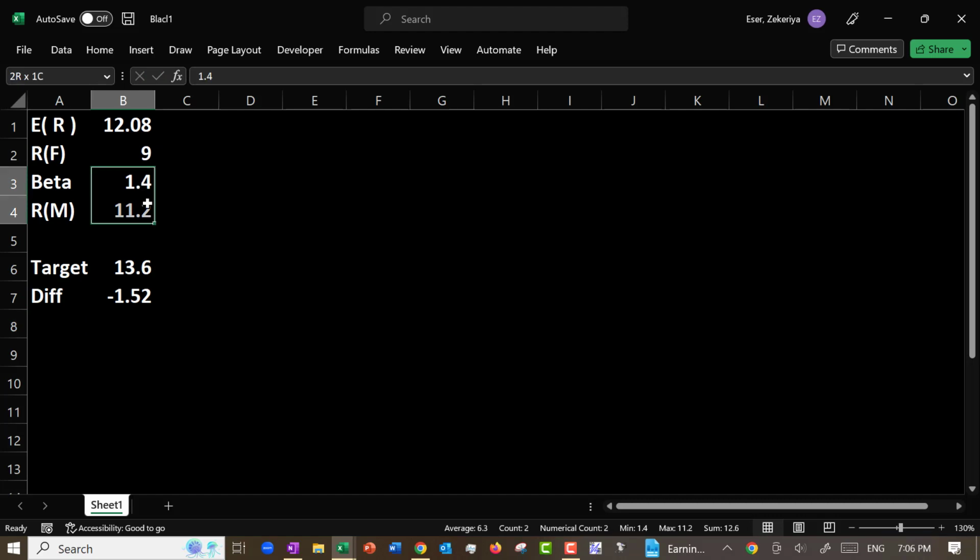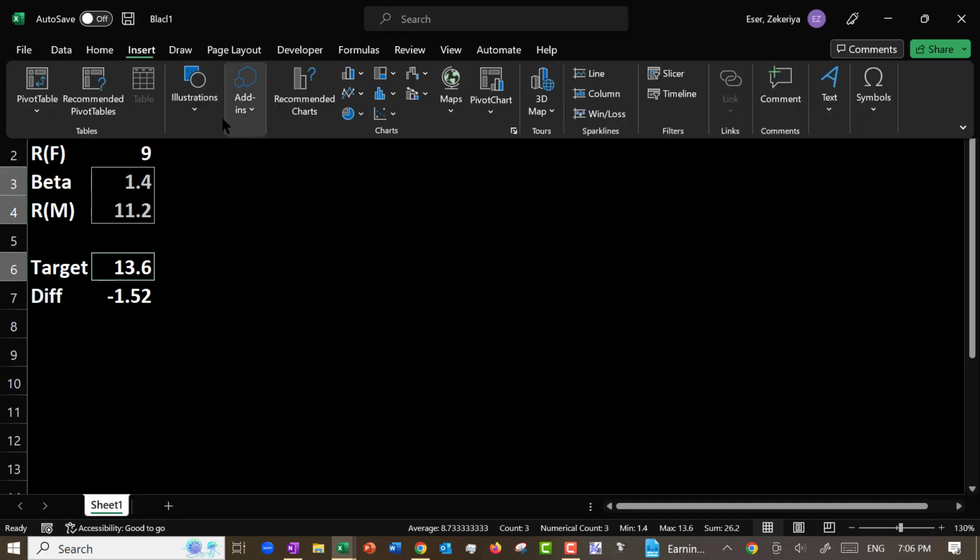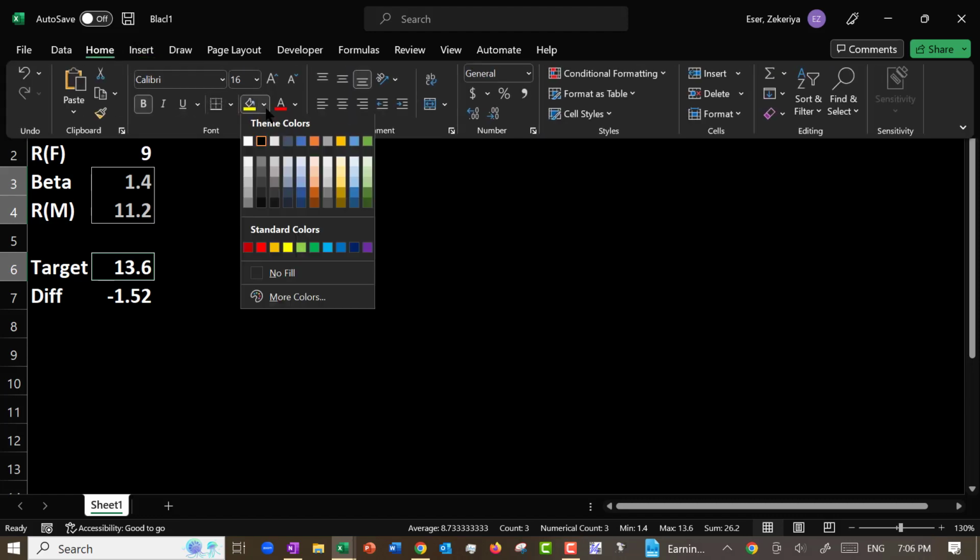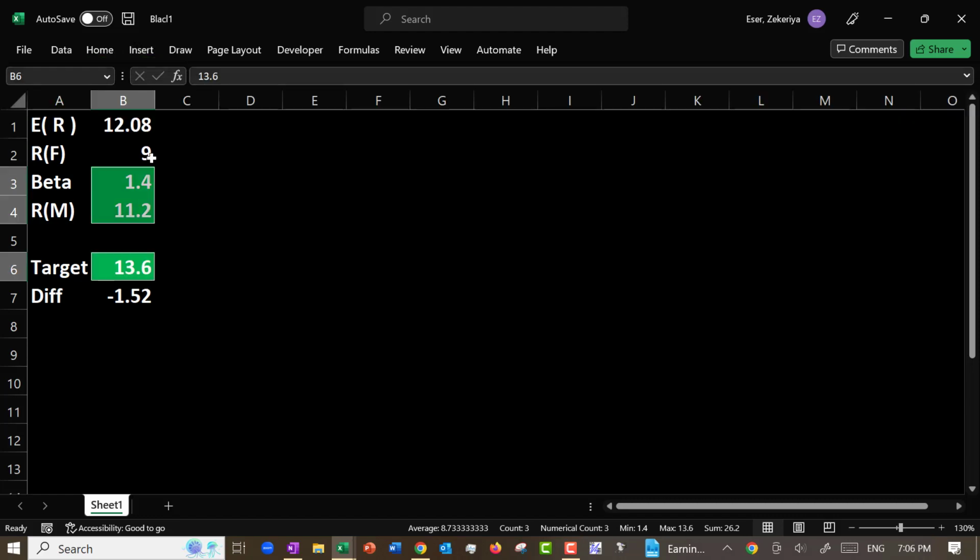And in this problem, these are my inputs. In fact, this is something that I calculate.